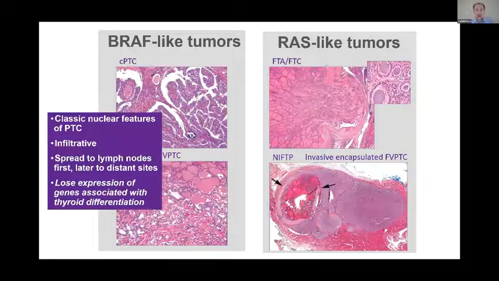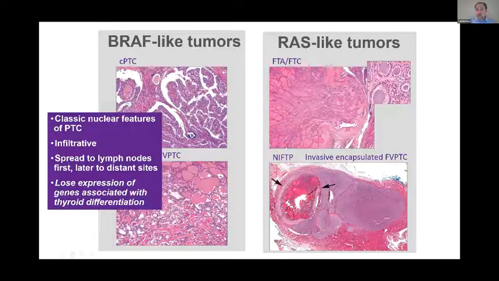Like I said, these tumors have classic nuclear features of PTC. They are all infiltrative. Very importantly, clinically, they spread to regional lymph nodes first, and later to distant sites, and they lose expression of genes associated with thyroid differentiation and iodine absorption from early stages.